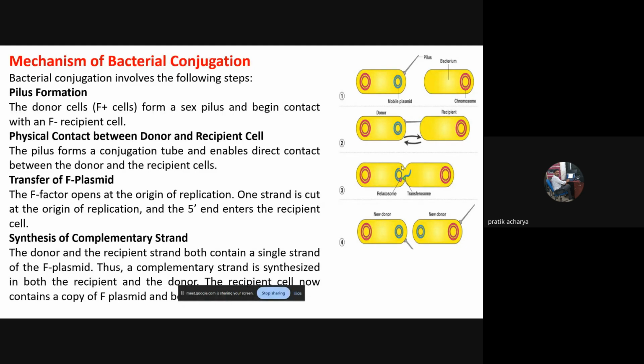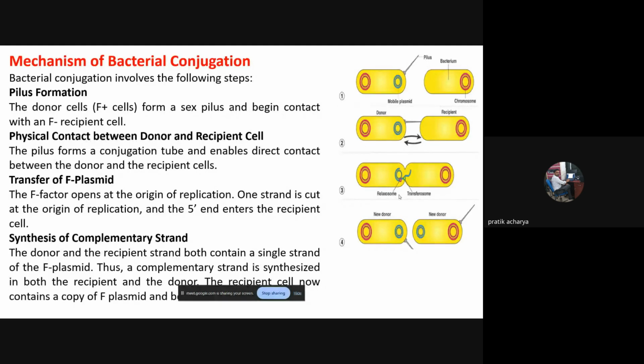Okay, so these are the process and mechanism of bacterial conjugation. There are two things mentioned here. One is the relaxosome. Just look at this. What is that relaxosome?